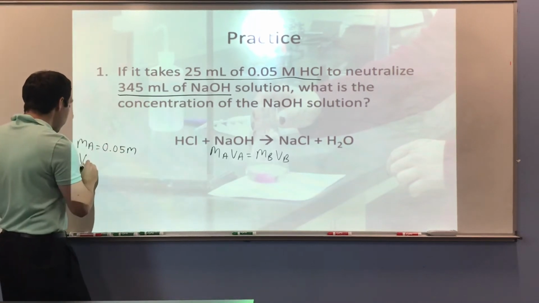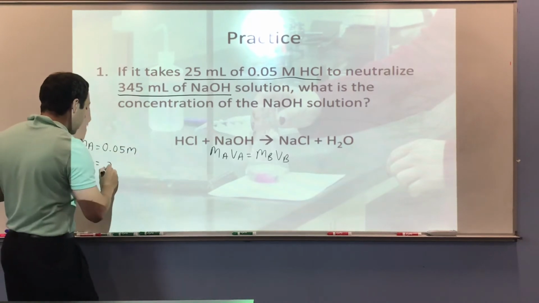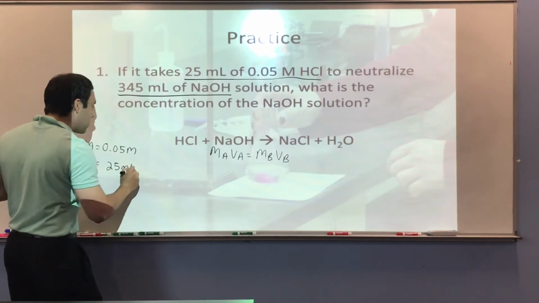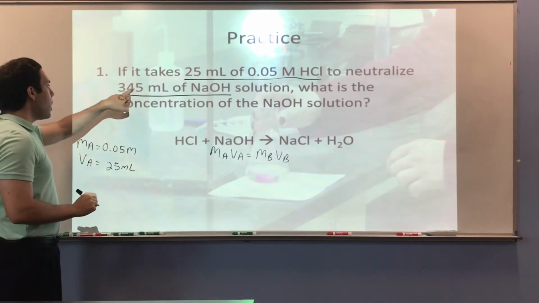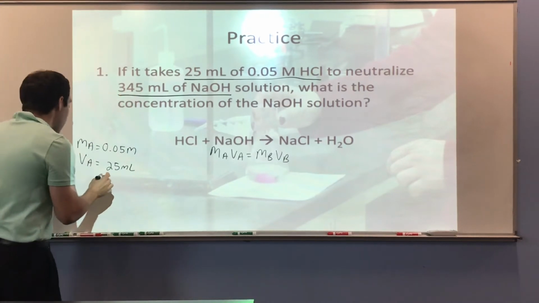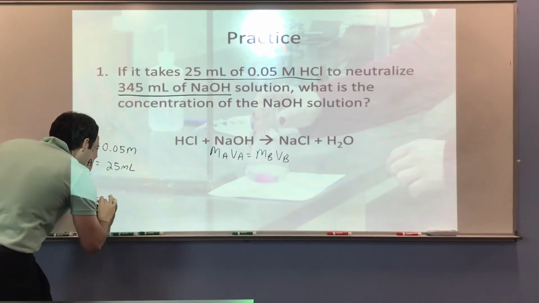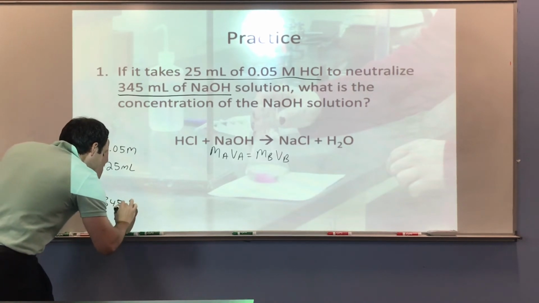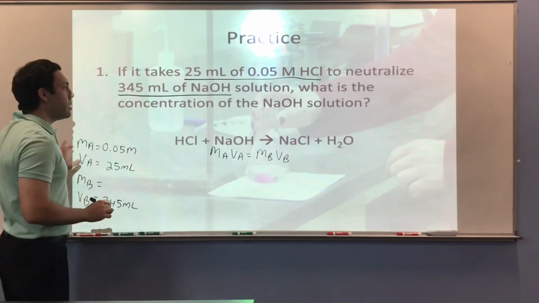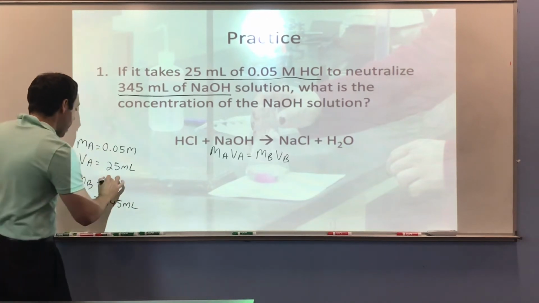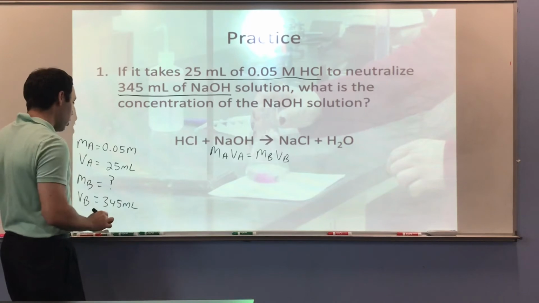The volume of the acid is 25 milliliters. To neutralize 345 milliliters of NaOH, so we have our Vb, which is 345 milliliters, and we are trying to find the concentration of the NaOH. So that's our question mark.